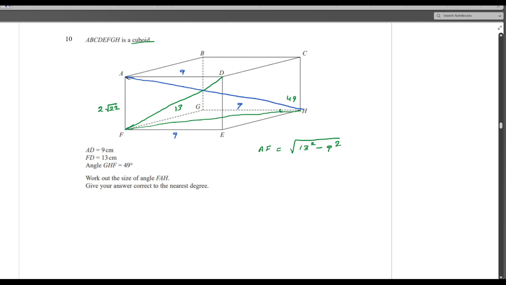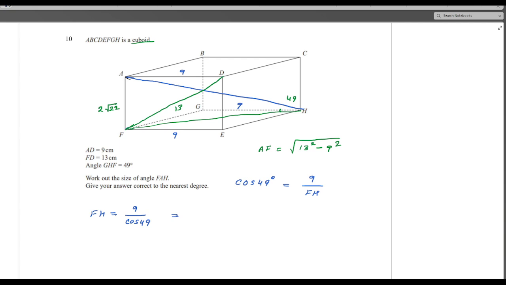Now if I apply cos of this 49 degrees, it is going to be 9 divided by FH. So the value of FH will be 9 divided by cos 49. The mode should be in degrees. 9 divided by cos 49, the result is 13.71.